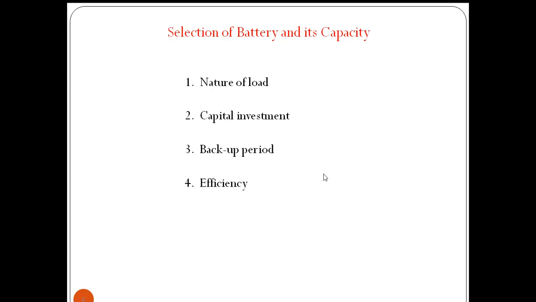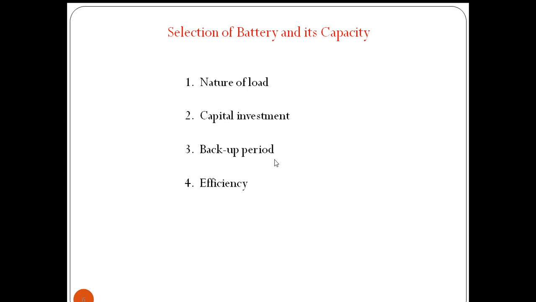Mainly, the first one is the nature of load, which type of load we are using, and the capital investment, how much money we need to invest. So based on that, we select the required storage battery, the type of battery we are using, and the backup period, how much time.